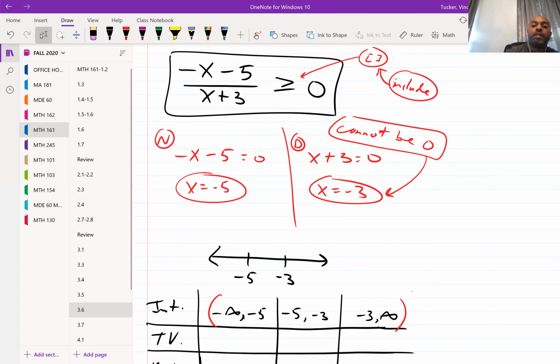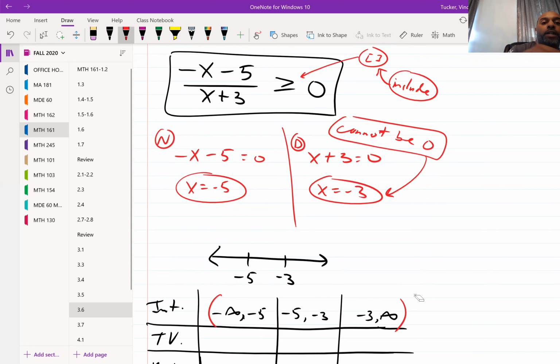So in this case, we have to be careful because we cannot use a bracket on both numbers. That's because our denominator cannot be equal to 0. When we found this value right here, this is when the denominator is equal to 0. But remember, you can't have a fraction with 0 in its denominator.